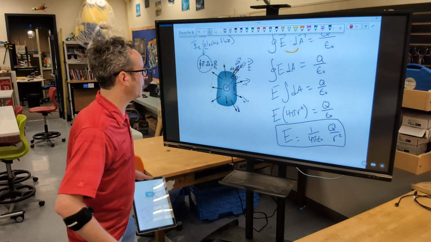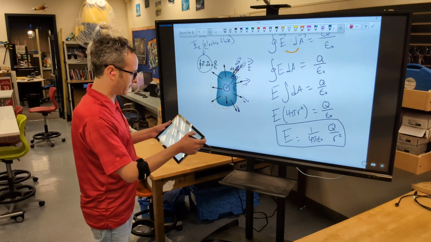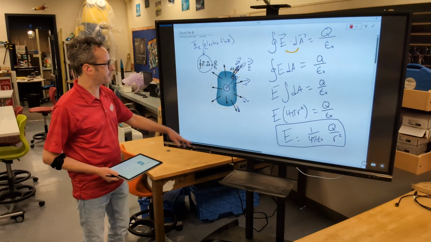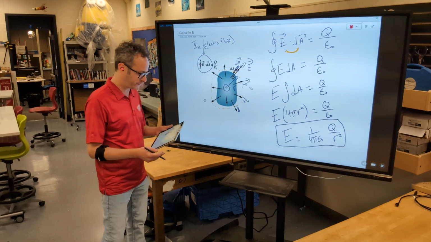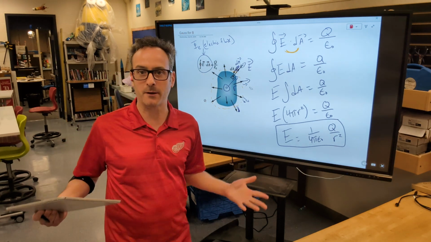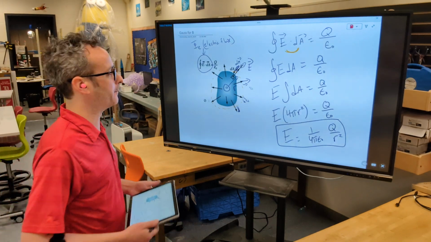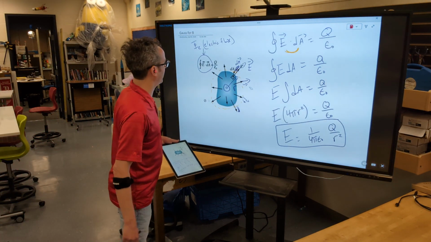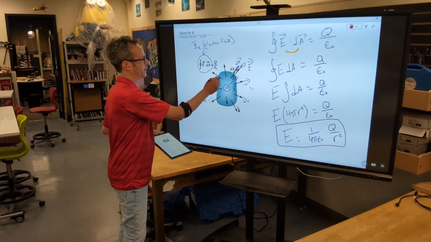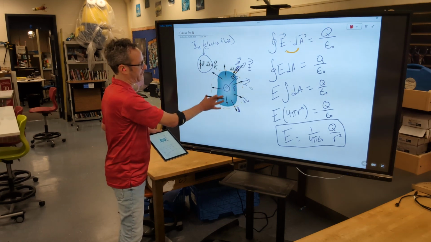Okay, all right. Just to remind you what we did for Gauss's law for electric fields, right? We had a charge inside. It was a positive charge, and that emits some electric field. And then we could make some imaginary enclosed shape.